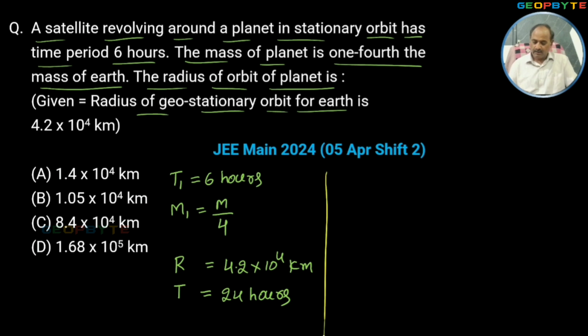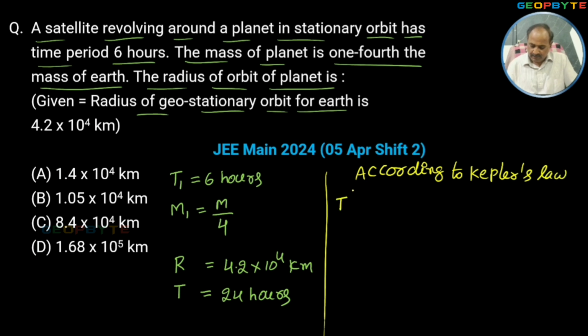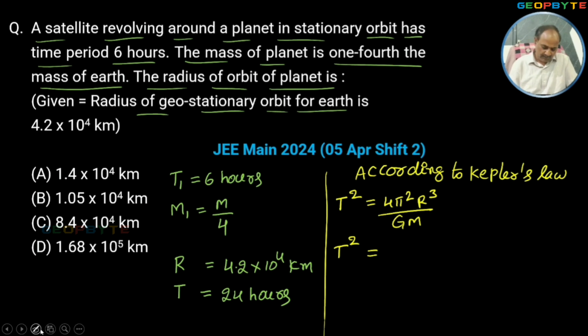As you know, according to Kepler's law, square of the time period equals 4 pi square r cube by GM. This formula we have clearly discussed while we were discussing the theory. Do you remember? Yes. From this I can say that square of the time period equals 4, pi square, G are constants.